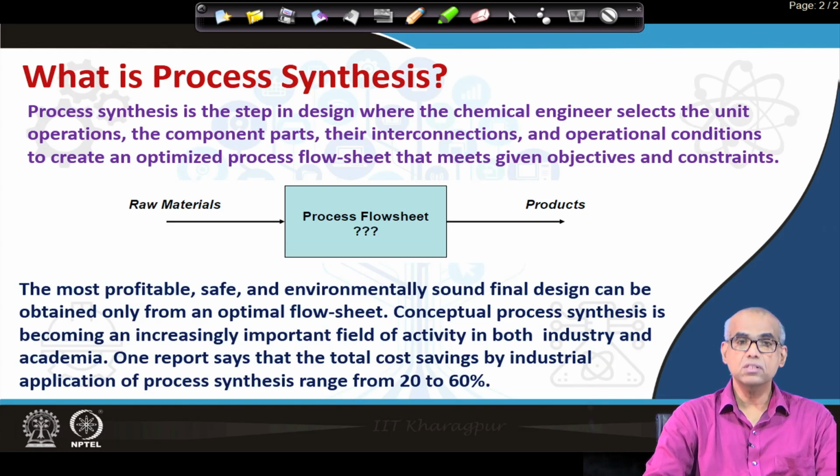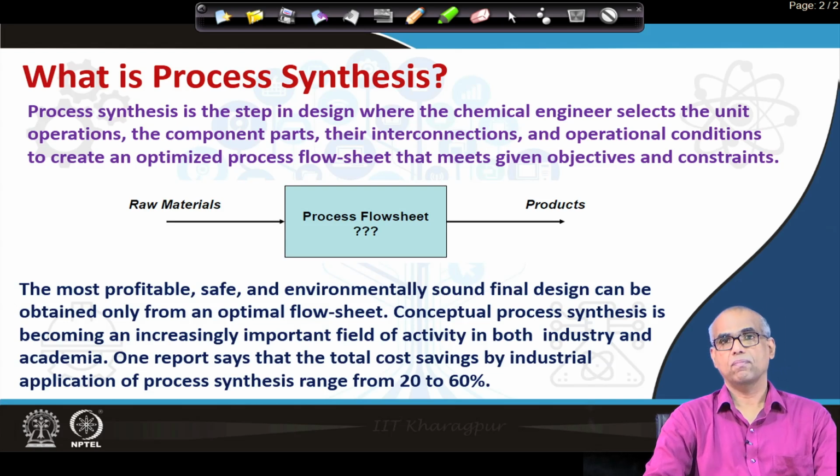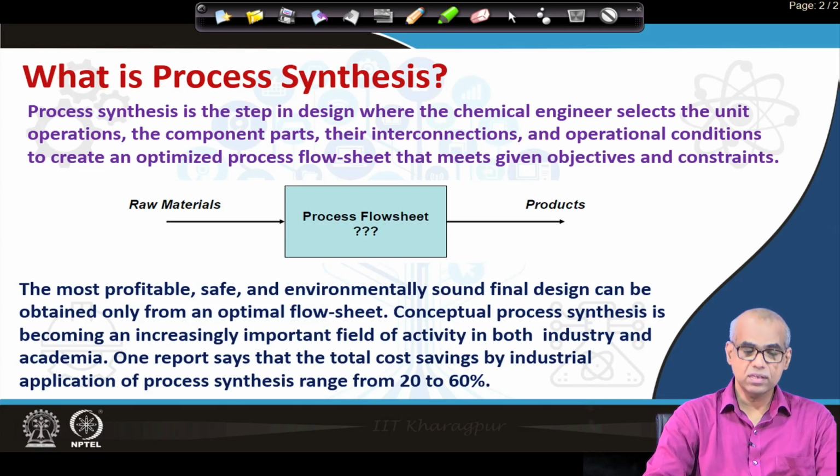Conceptual process synthesis is becoming an increasingly important field of activity in both industry as well as in academia. For the last few years, in academic research also, process synthesis has gained tremendous popularity.